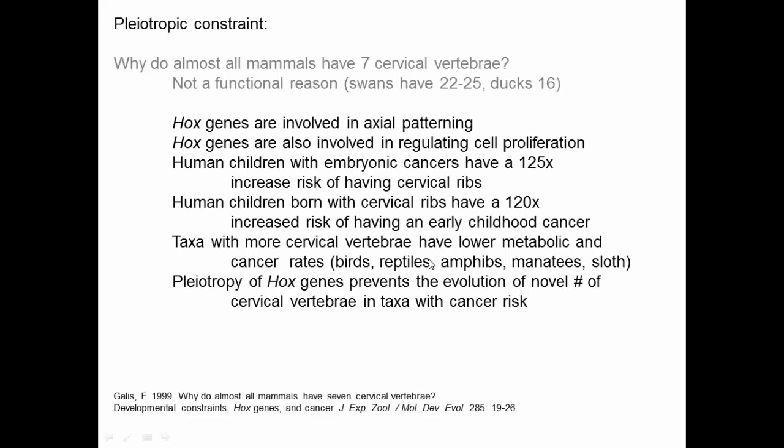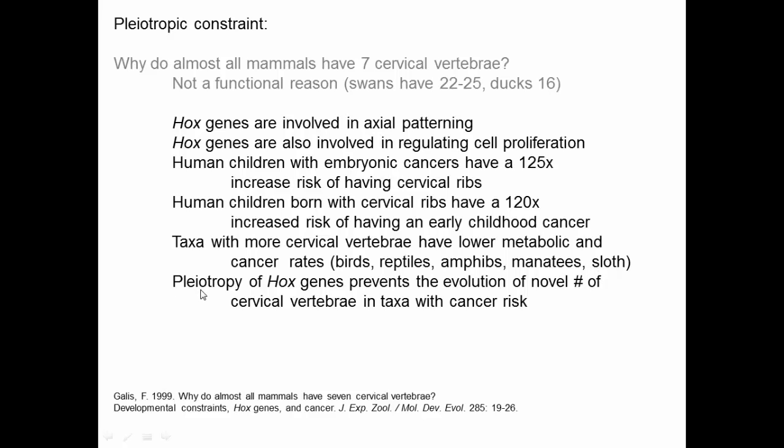There are 2 mammals that have a different number of cervical vertebrae, and those are manatees and sloths, which are essentially the 2 lowest metabolism mammals, right? So again, in the counterexamples that we have for mammals not evolving a different number of cervical vertebrae, they are the exact organisms that maybe could handle increased cancer risk from their baseline because their baseline is so low.